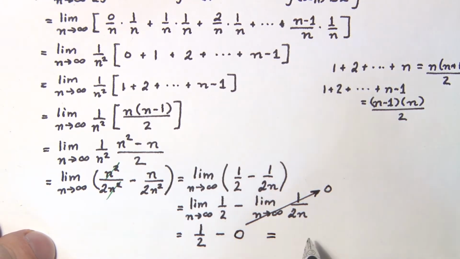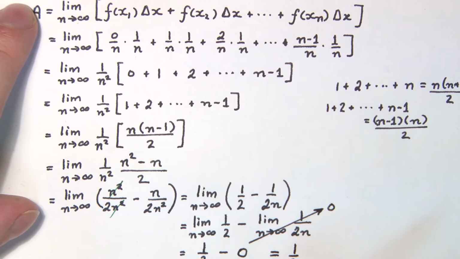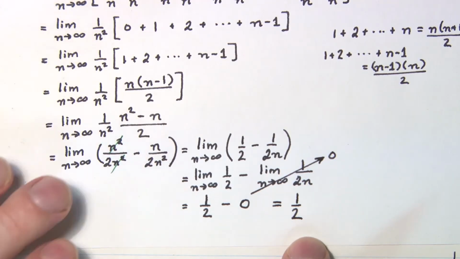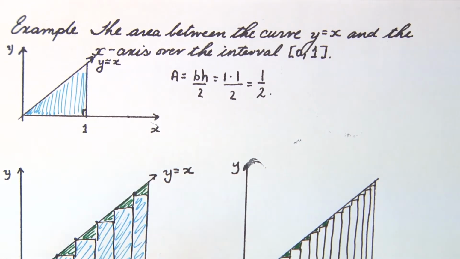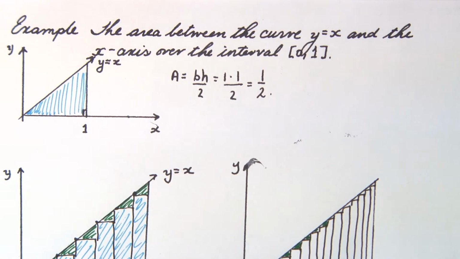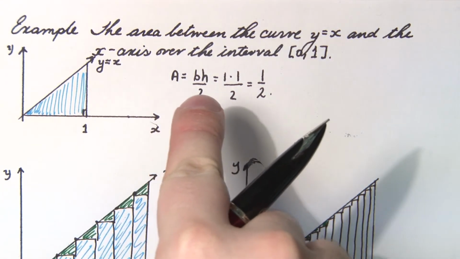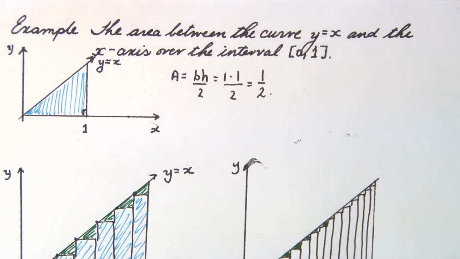So after all of that, the area is equal to 1/2, which is what we had anticipated at the very beginning when we used this straight line, that the area of the triangle is base times height divided by 2, equal to 1/2.